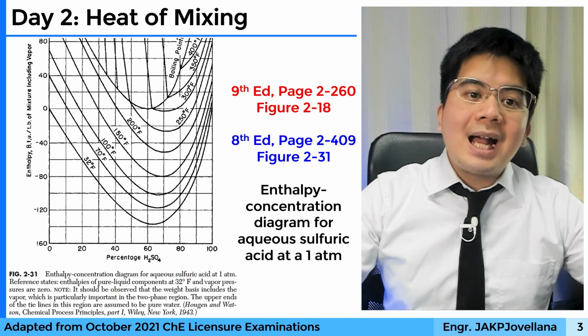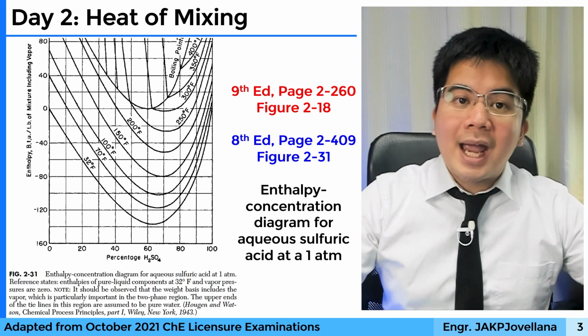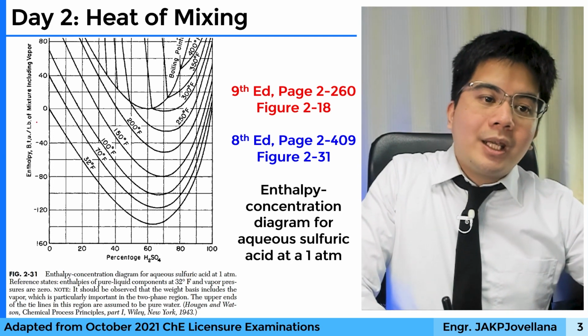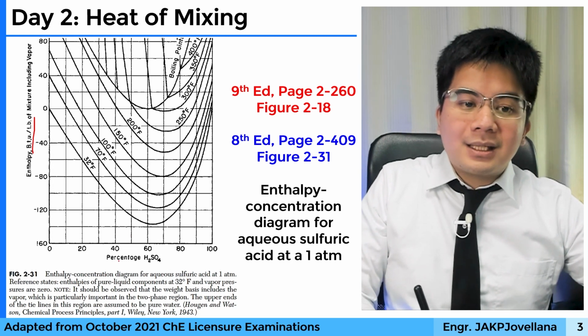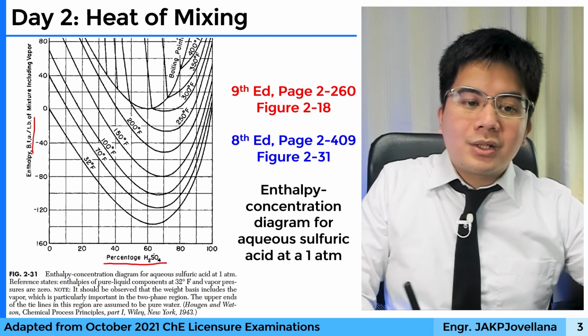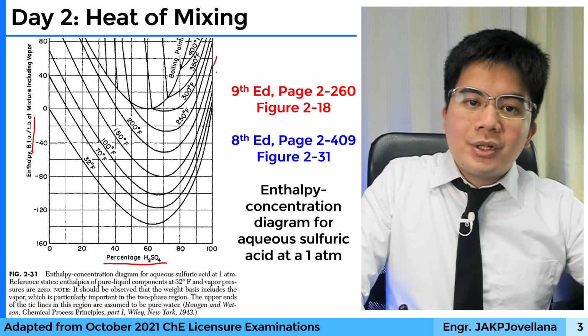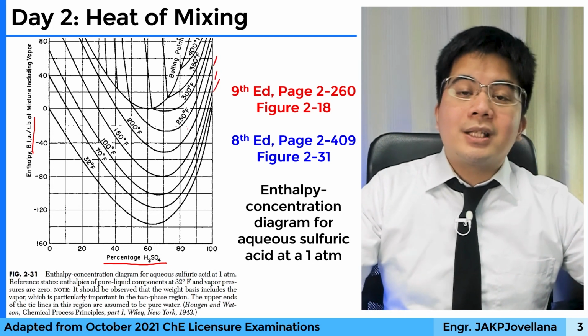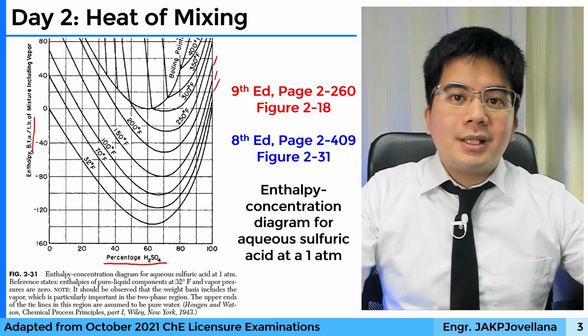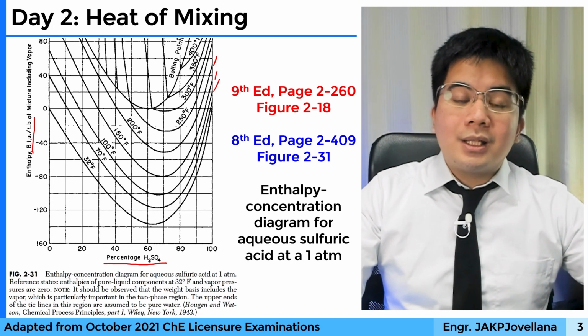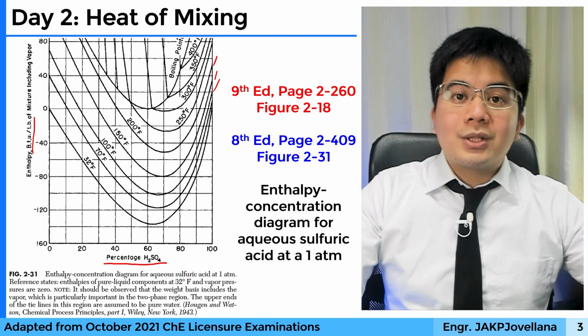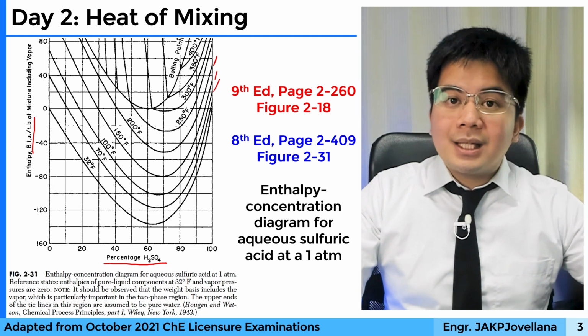The units on the axes of the enthalpy concentration diagram: for the y-axis, we have BTU per pound, while on the x-axis, we have the weight percentage of H2SO4. The isotherms or the constant temperature curves here are in degrees Fahrenheit. Since our problem is in SI units, while this figure is in English units, we need to first convert the energy and masses respectively.